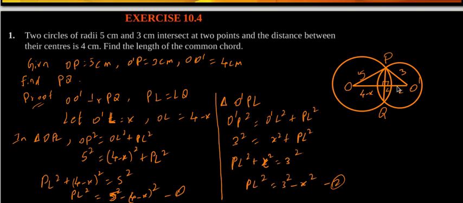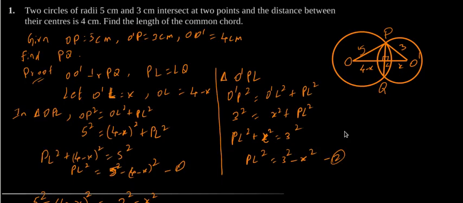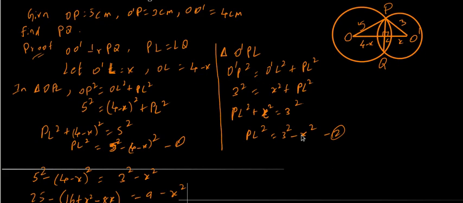What is x? X is the distance from the second circle's center to the center of this common chord. So O dash L equals 0. If we substitute this x value in any of these two equations, we will get the value of PL.